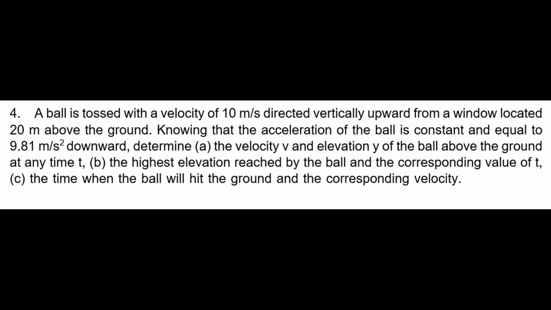Knowing the acceleration of the ball is constant and equal to 9.81 meter per second squared downward, determine the velocity v and elevation y of the ball above the ground at any time, the highest elevation reached by the ball and the corresponding value of t, and the time when the ball will hit the ground and the corresponding velocity.